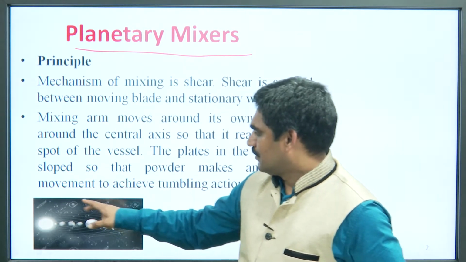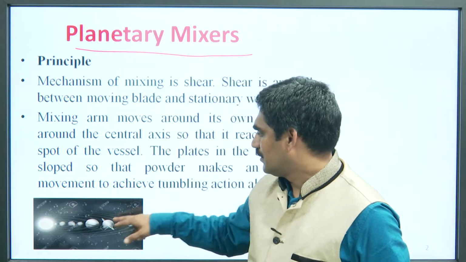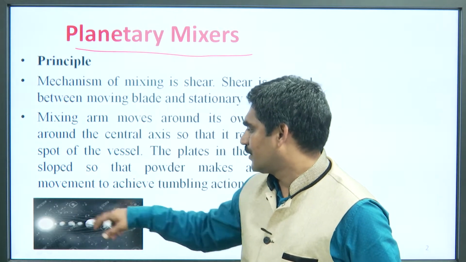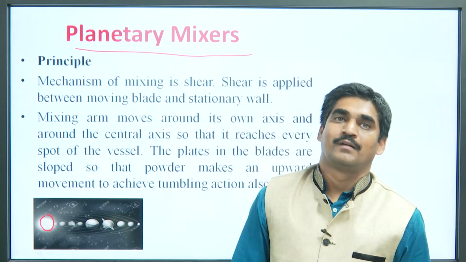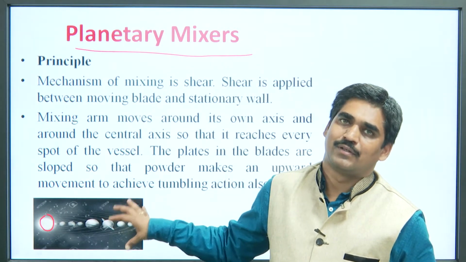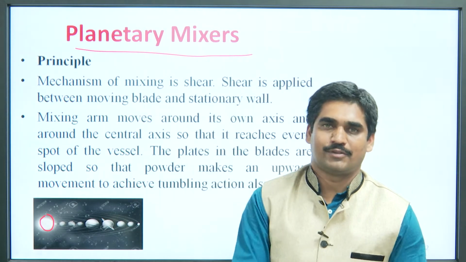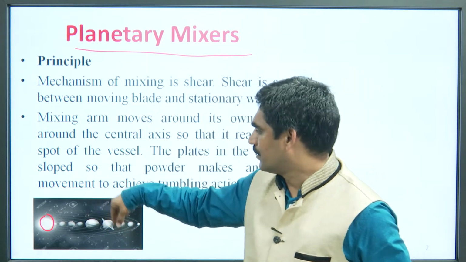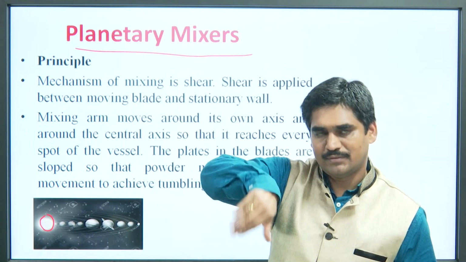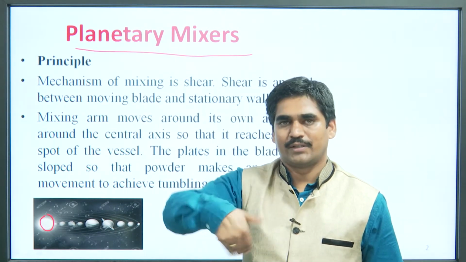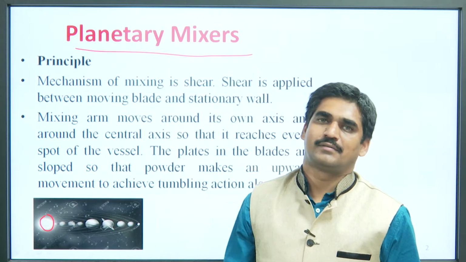As you see in this diagram, different planets are rotating around the sun. So, the same principle is involved in the case of mixers. Different blades are hung from the top and rotate in the container in this fashion.